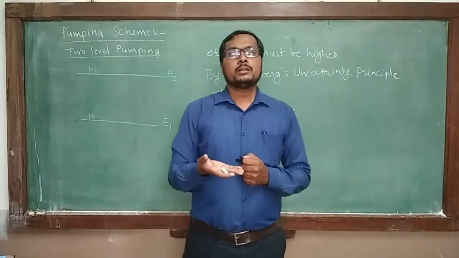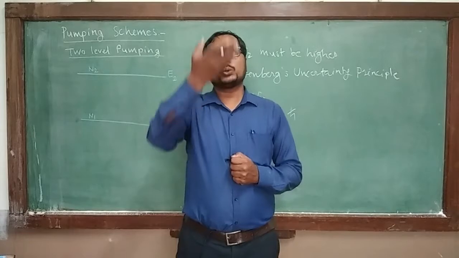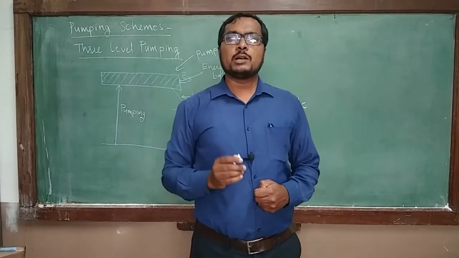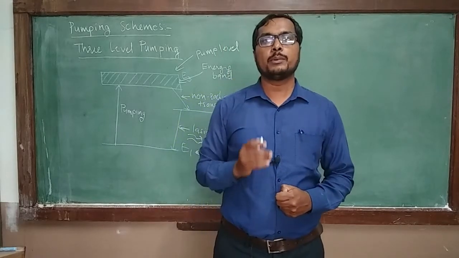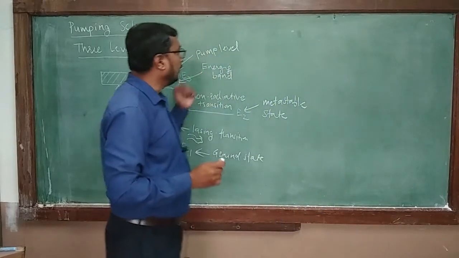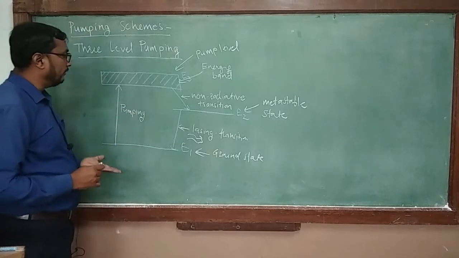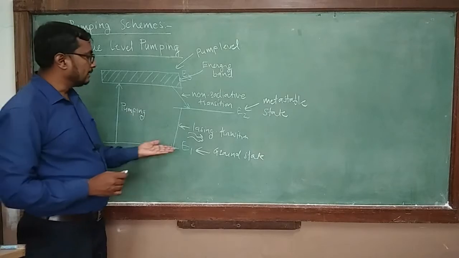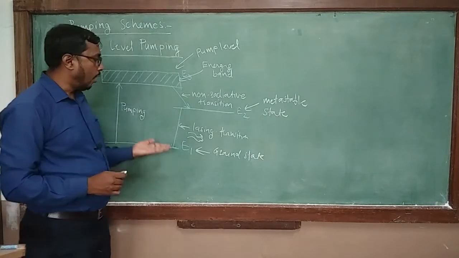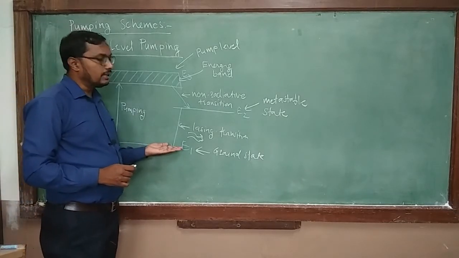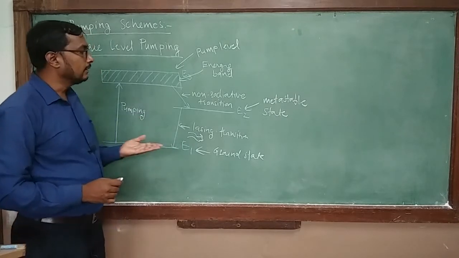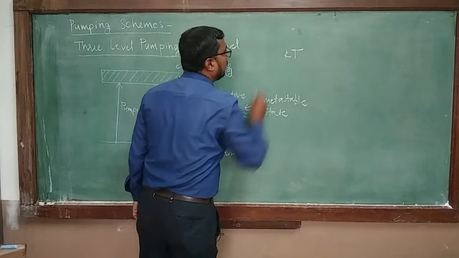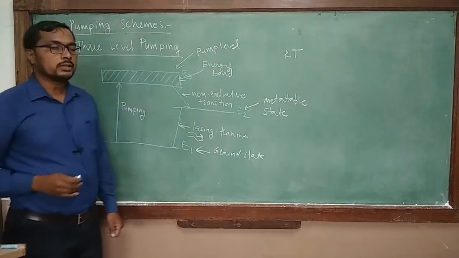The transition from the ground state to the excited state is called the pumping transition. Let us now study the 3-level pumping scheme. The 3-level pumping scheme is shown in the figure. In the 3-level scheme, the lower laser level is either the ground state or a level whose separation from the ground state is less than kT, where k is the Boltzmann constant and T is the room temperature.